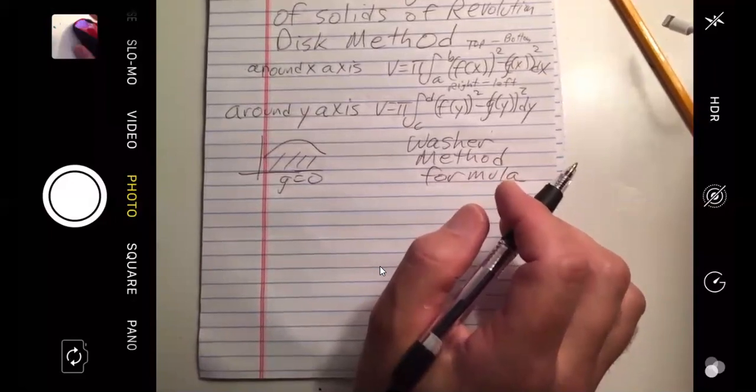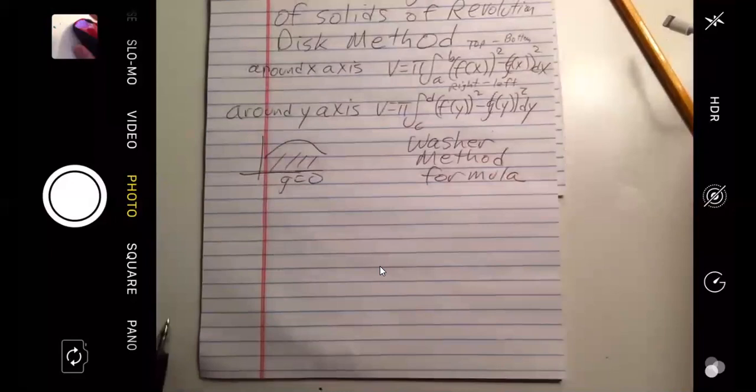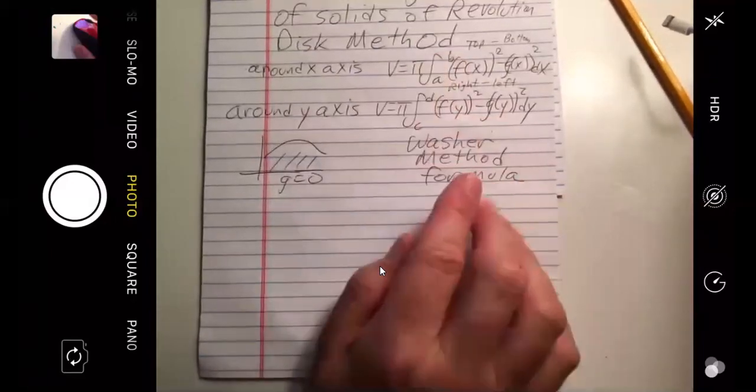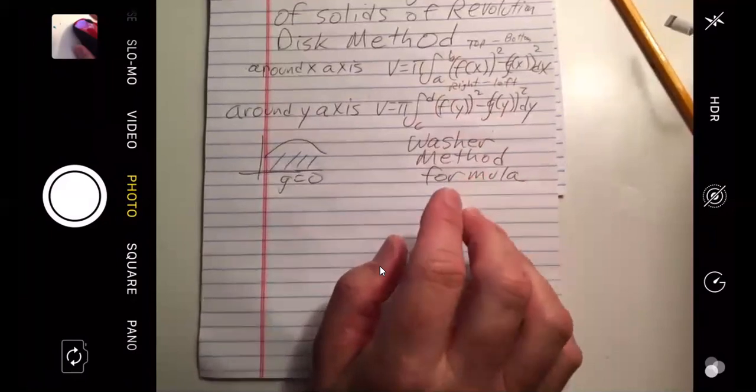Does anybody want to see anything around the X or Y axis again, just to set up a formula like this before we blow your minds and go around other lines?